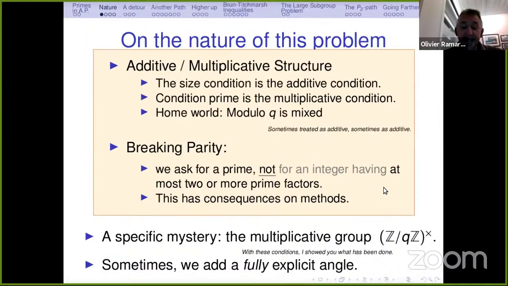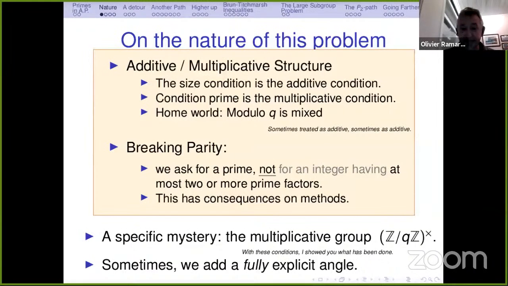It's a very elementary object and a very difficult one to grasp. So sometimes I will add also a fully explicit angle to what I'm saying. Explicit, you may say, when I say L equal 5 or 5.18, it's explicit, but it's not fully explicit because it's Q large enough. When I say fully explicit, I want Q larger than 10 to the 10, L equal 5.5. Yes.